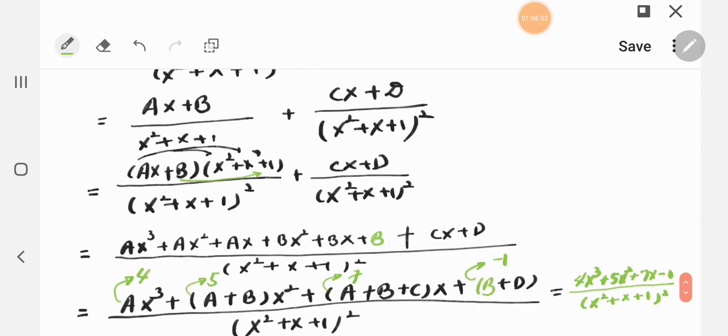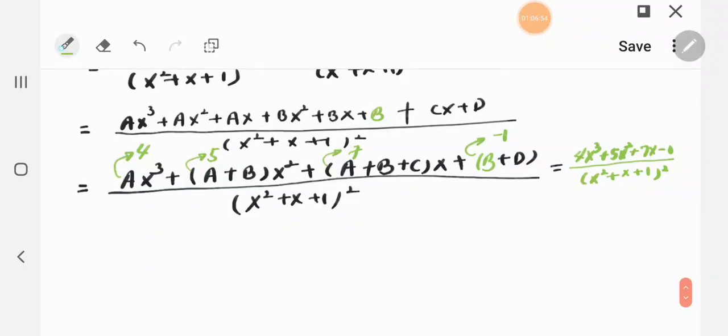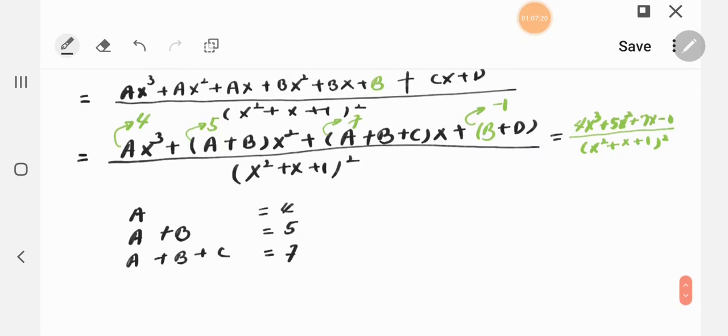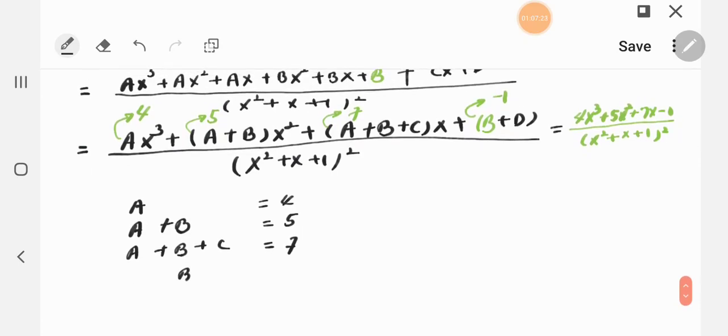Okay, so let's write a system of equations, 4 equations in this case. A is equal to 4, and then a plus b is equal to 5, and then a plus b plus c should be equal to 7, and then b plus d is equal to negative 1.